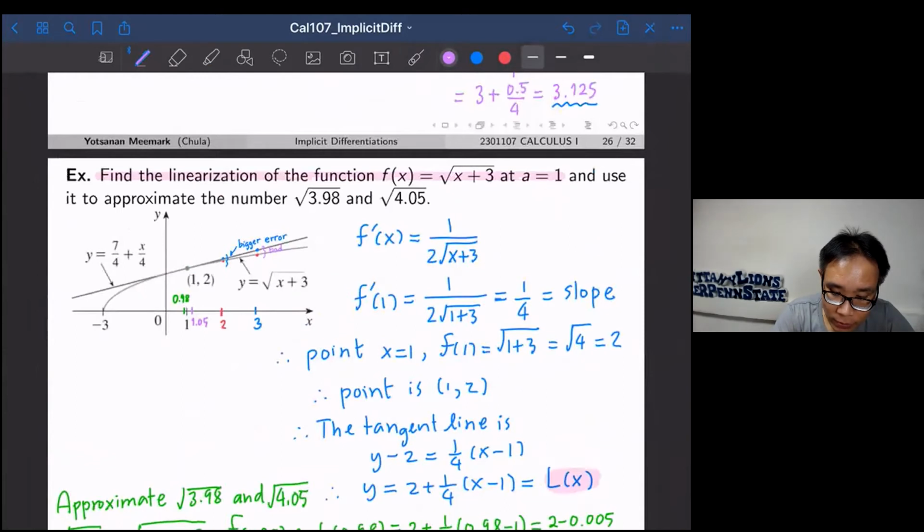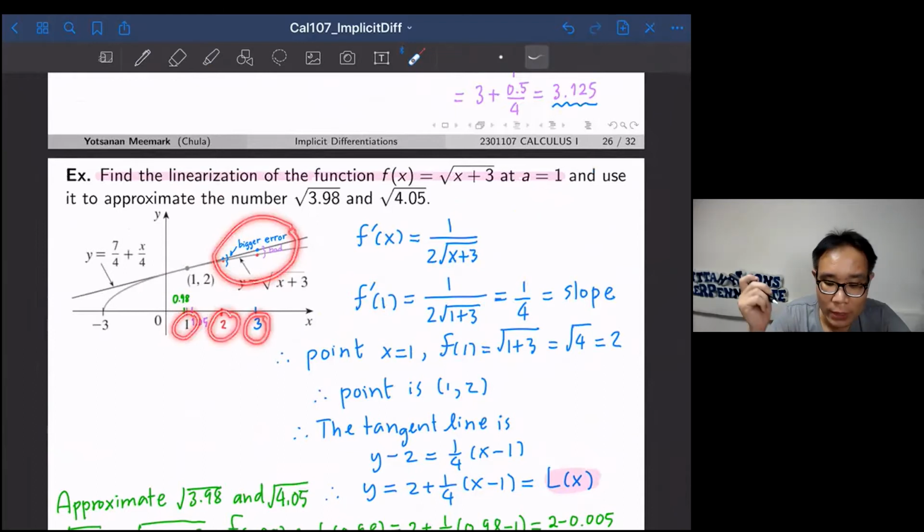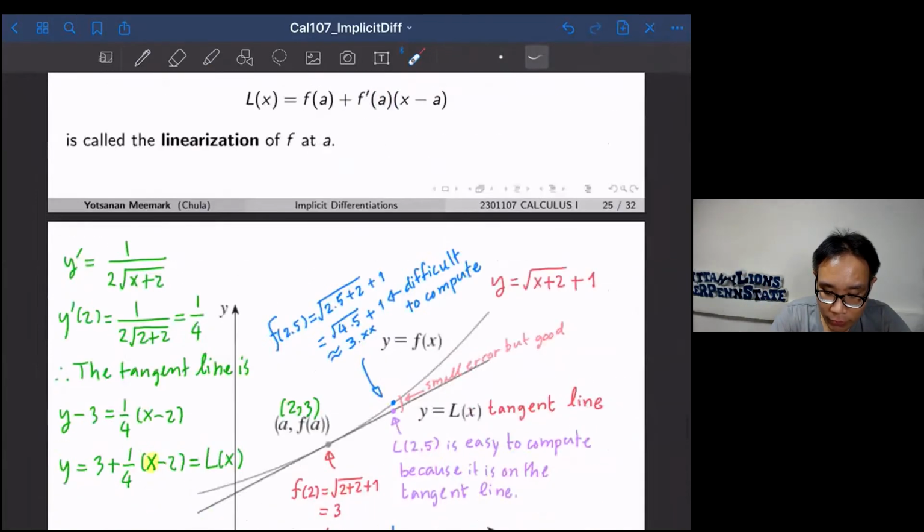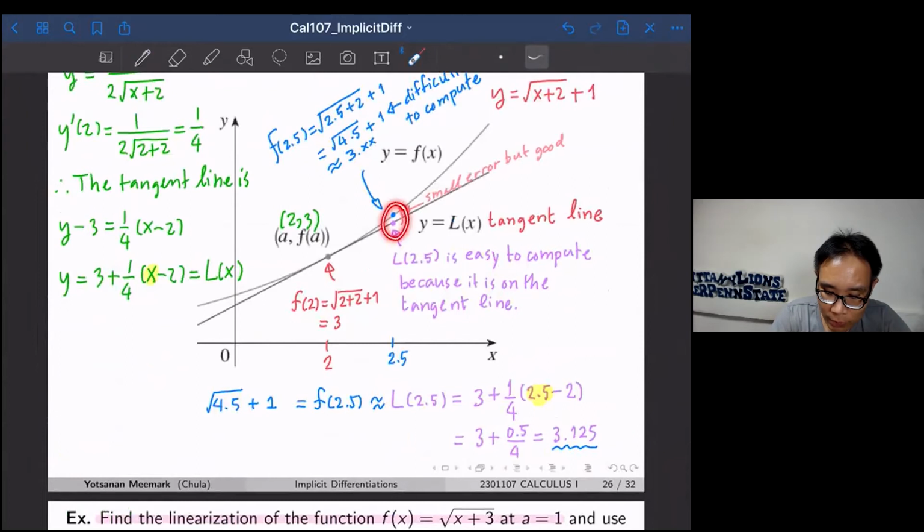The reason we have a bigger error is because it's further away from my 1. You can see from this tangent as well, you're going to have the bigger error when you're far away from this point, because the tangent line is touching at one point, however it's going to be further apart all the time, so it's gonna be bad.